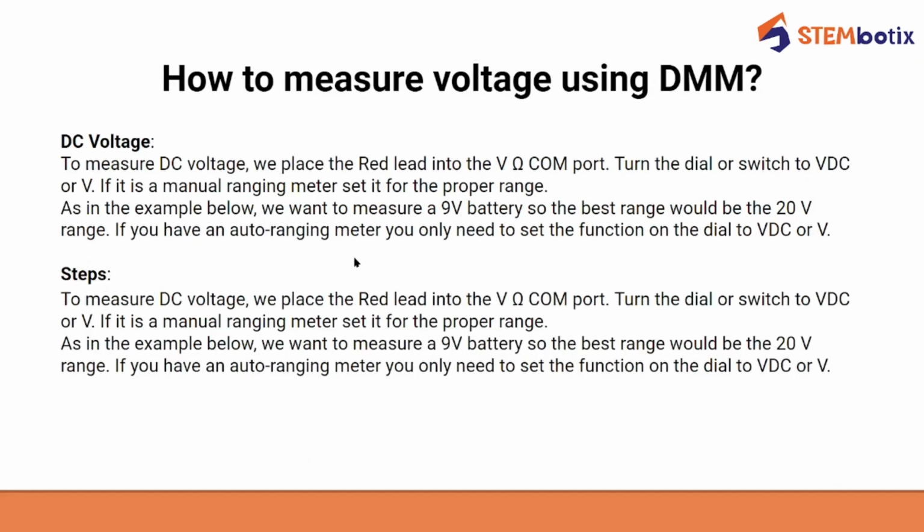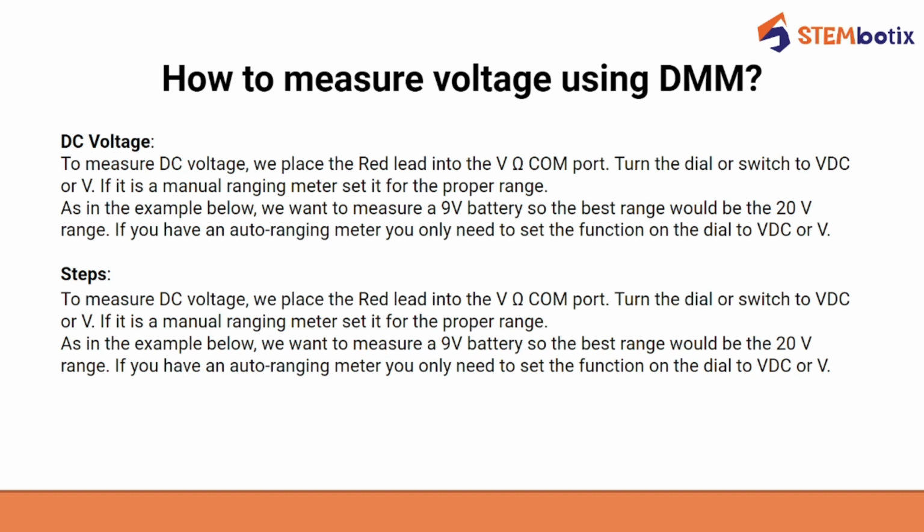To measure DC voltage, we place the red lead into the voltage ohm port, and turn the dial to VDC, the DC voltage section. If it is a manual ranging meter, then you can set the proper range. Since we have a 9-volt cell, the best range would be 20 volts.